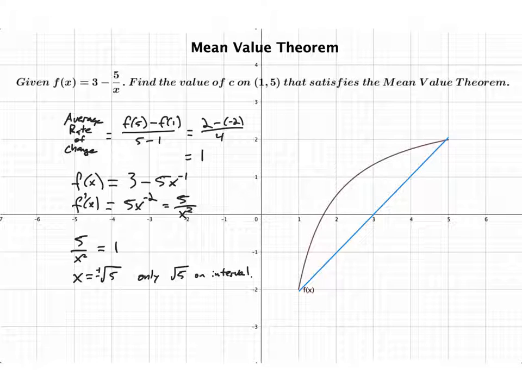So the value of c that satisfies the mean value theorem is c equals positive root 5. And we can see the tangent line right in here. So about right there is positive root 5. So that's where the curve has a derivative equal to the average rate of change, which is the slope of the line connecting the endpoints of the interval.